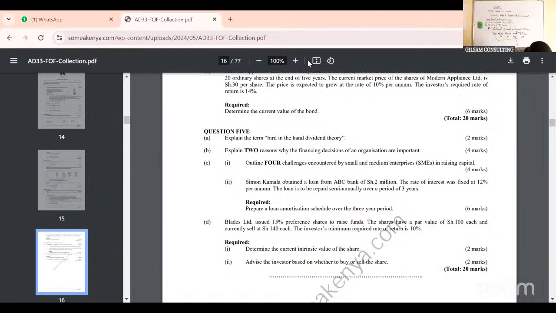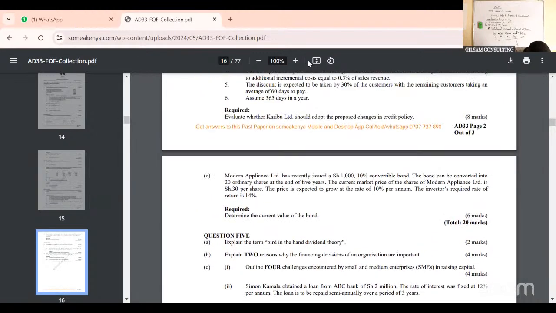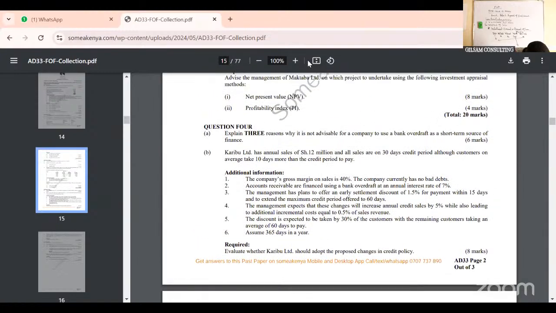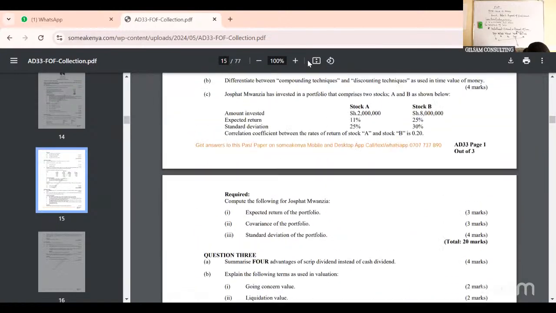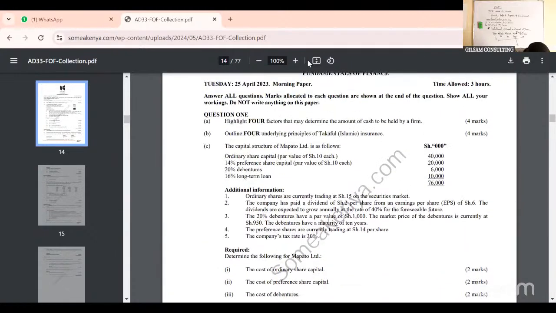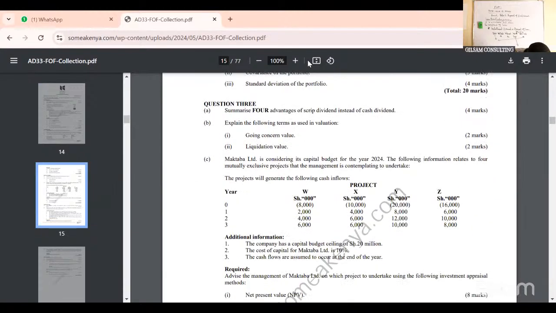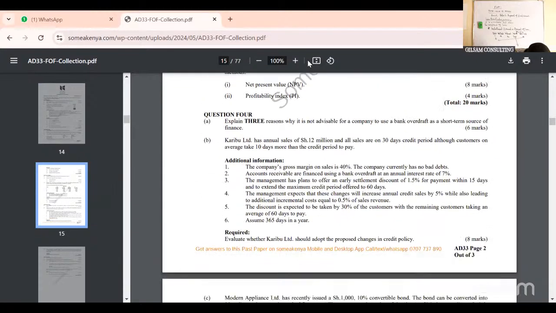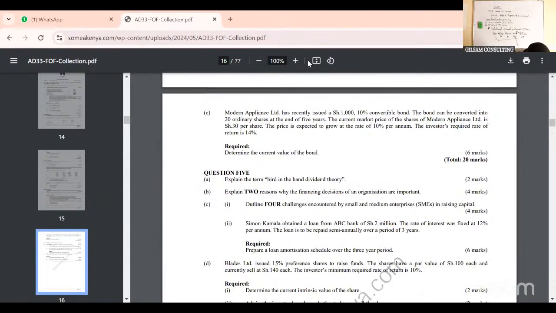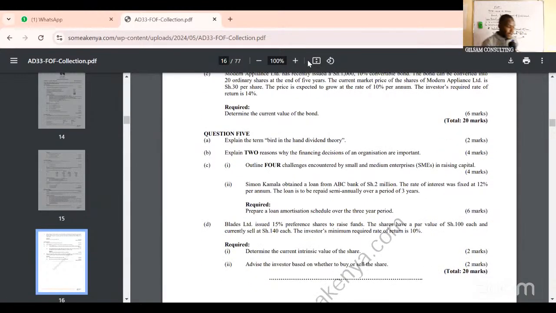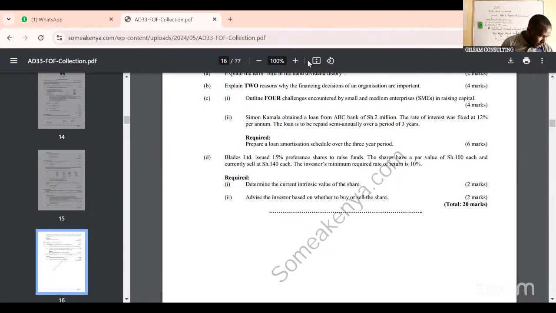Yeah, there is this one. April 2023. There is a question for loan amortization. Question 5, April 2023, question 5C, Roman 2.